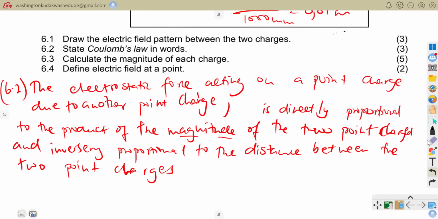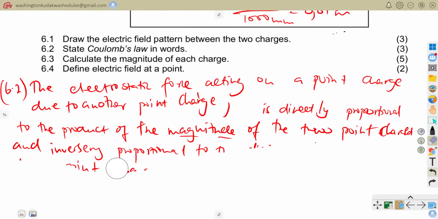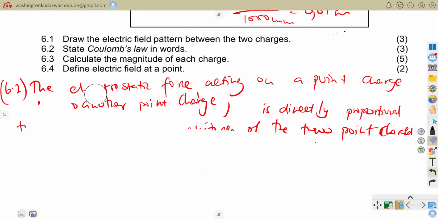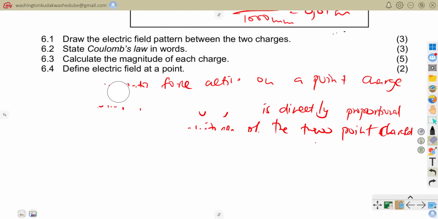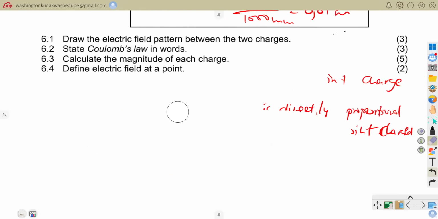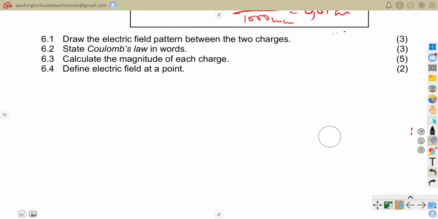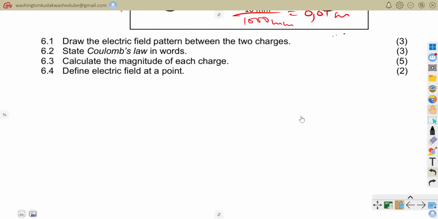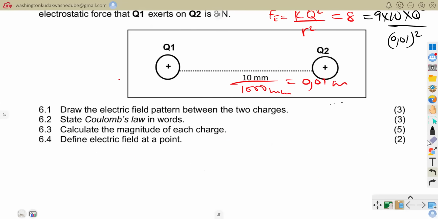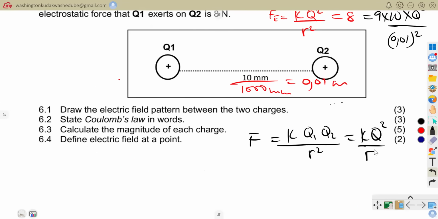I will wrap this so that I can have enough space while I still keep my diagram near me. So F is equal to K Q1 Q2 all over R squared, which is equal to K Q squared all over R squared.